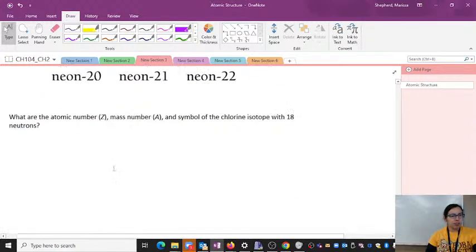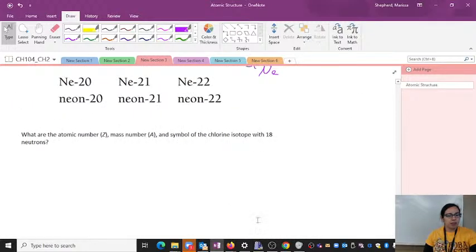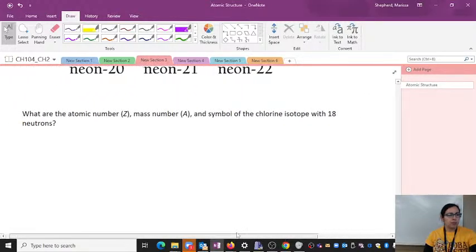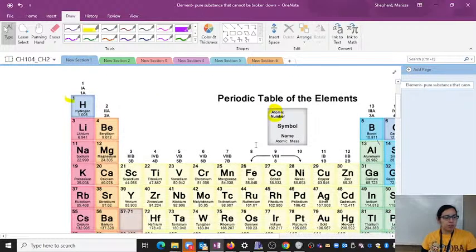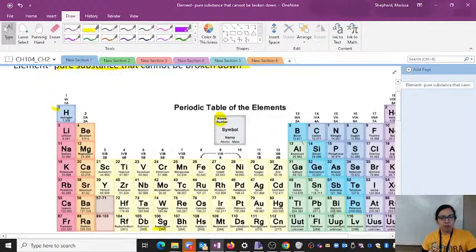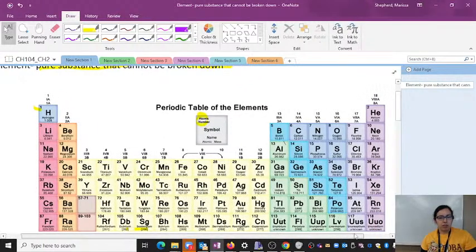All right, so let's look at this. So what is the atomic number, mass number, and symbol of a chlorine isotope with 18 neutrons? I'll flip to the periodic table since we don't have one. So how would you write that?